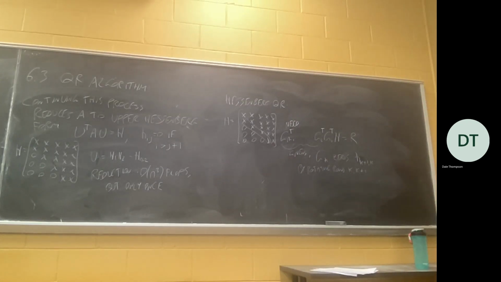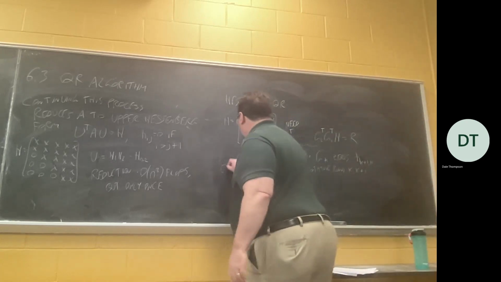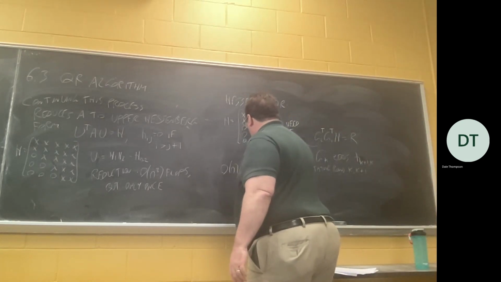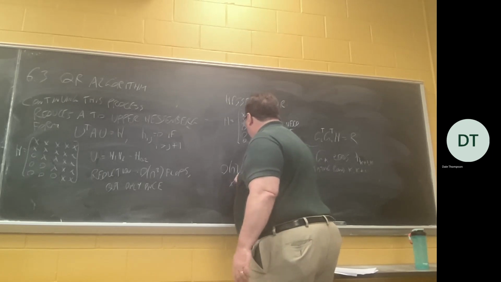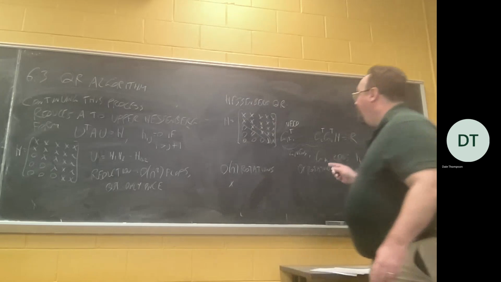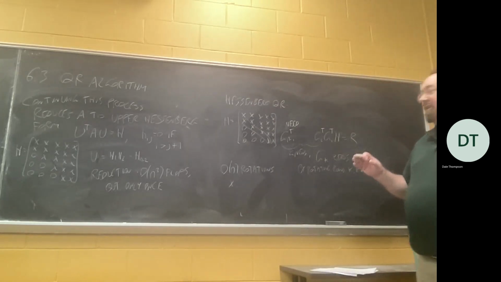Now, for an n by n matrix, we only perform order n Givens rotations. Well, technically n minus one, that's order n. And then each rotation will only affect 2 rows.